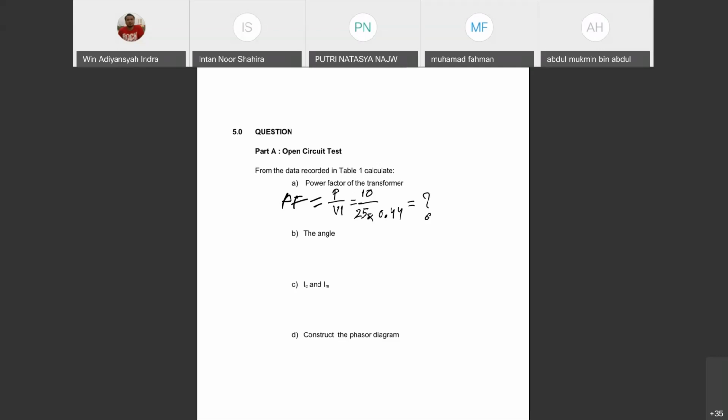The angle. If you see the slide, PF is also equal to cos theta.